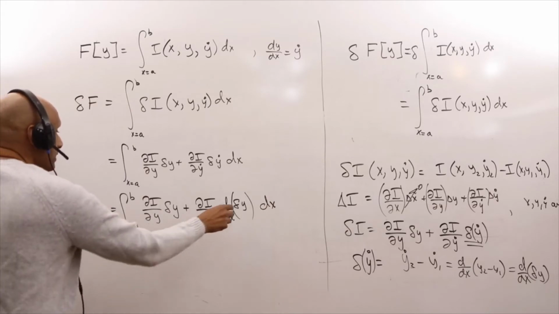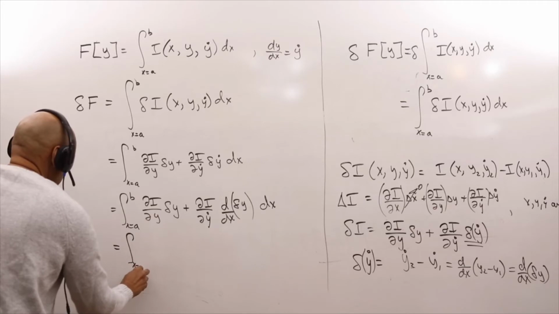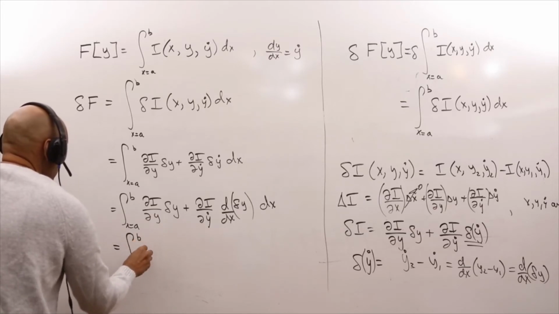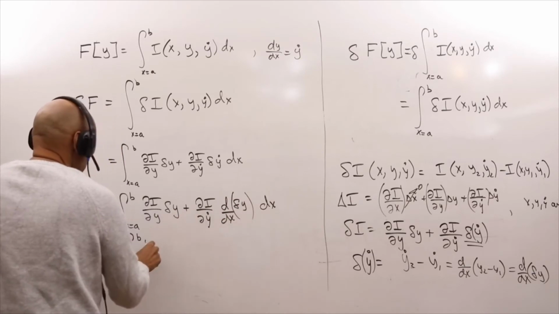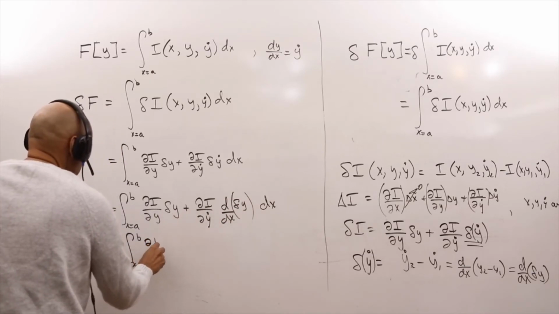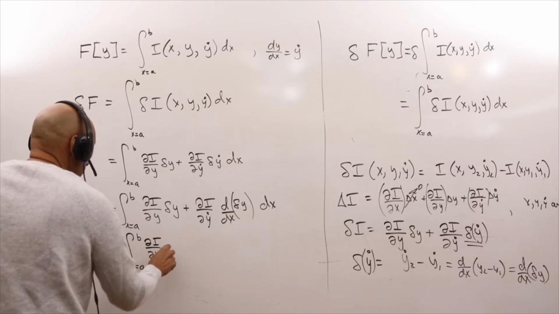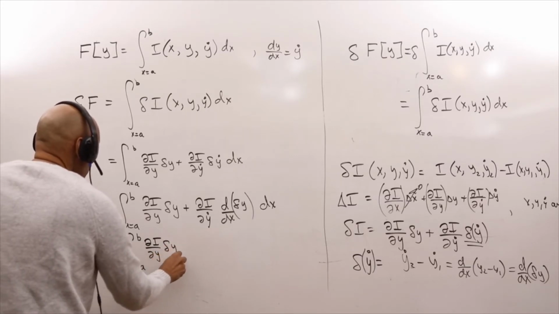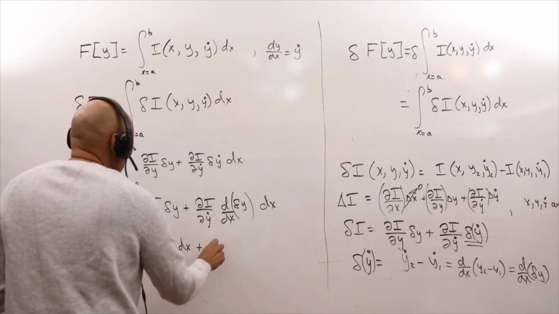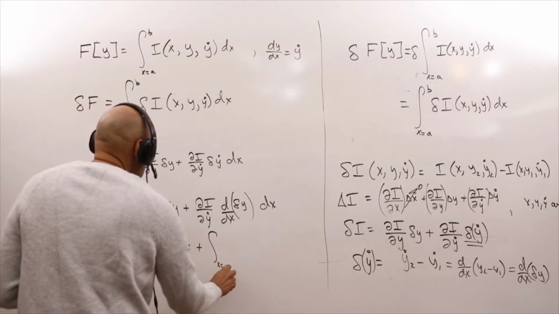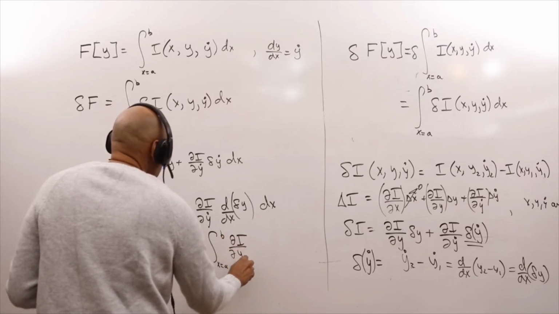Next, we can apply the chain rule. I'm sorry, I'm going to be applying the chain rule over here, but first I'm going to write this as separation. So this is delta y dx plus, and then I'm going to put this integral again, x is equal to a to b of the partial of I with respect to y dot.